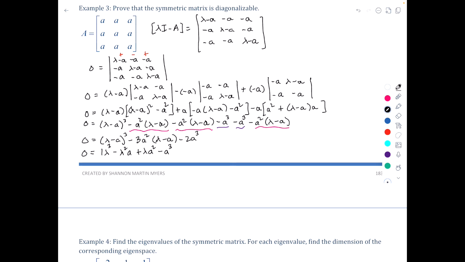And then I'll distribute the negative 3A squared to lambda minus A. So I'll have minus 3 lambda A squared minus 3A cubed. And then I have my minus 2A cubed.